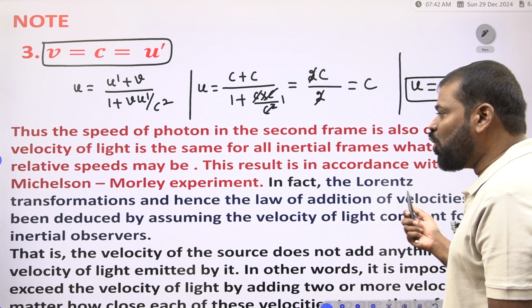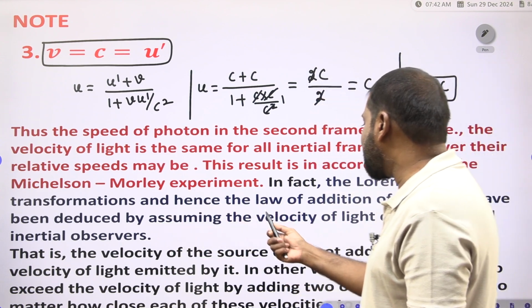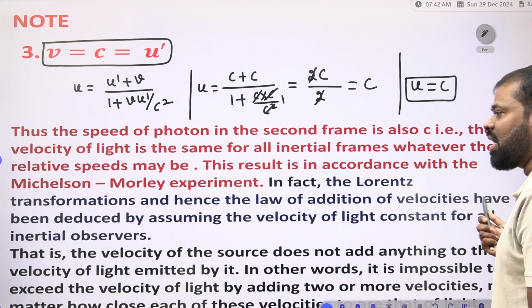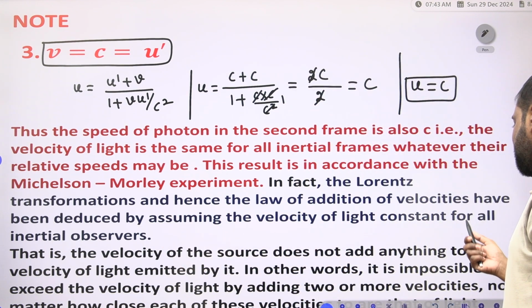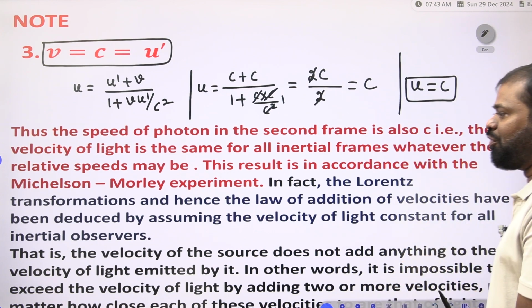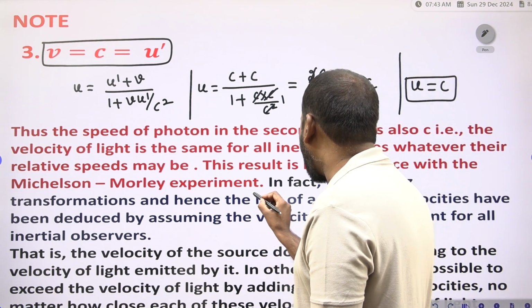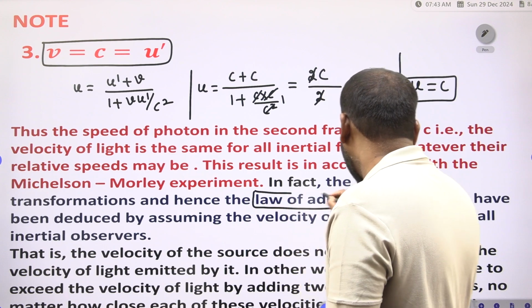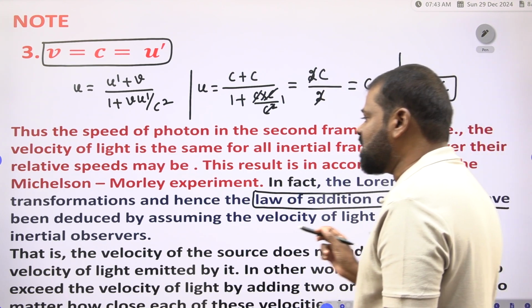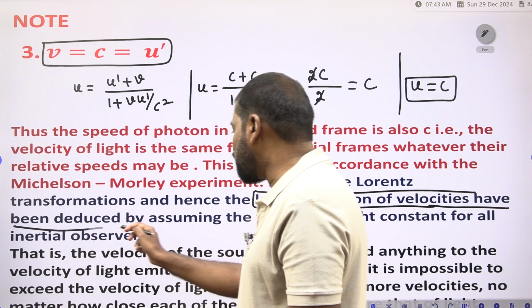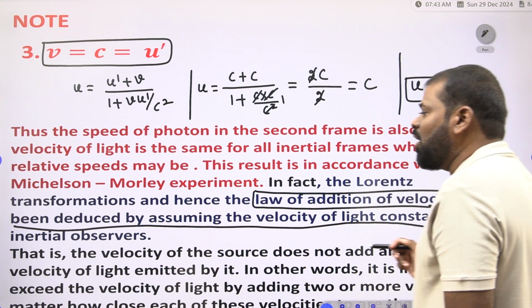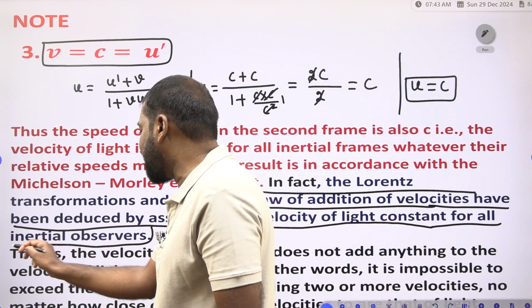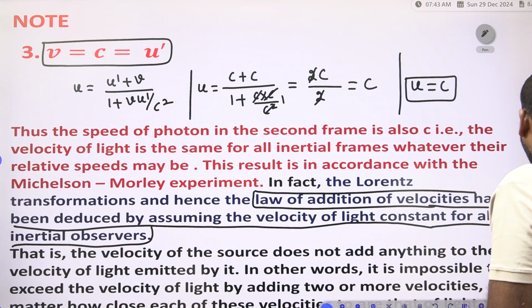In fact, the Lorentz transformations and hence the law of addition of velocities have been deduced by assuming the velocity of light is constant for all inertial frames. So, this is the law of addition of velocities, clear.